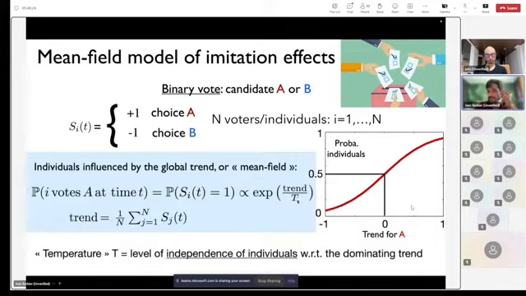It will be a uniform choice for every voter, so it's a completely disordered voting process. Instead, if the temperature is low, then this exponent becomes very important, and every voter will tend to vote with very high probability the same as the average. So it will be strongly influenced by the others.